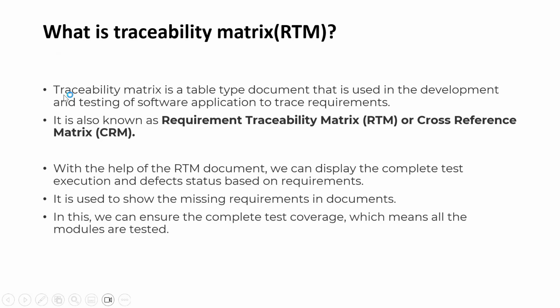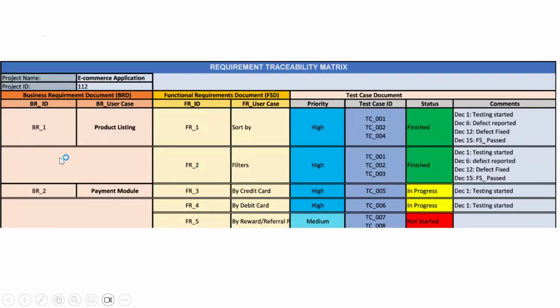As I told you, traceability matrix is a table type document, right? Let me show you. See, this is a table. You can consider this is a requirement traceability matrix, right? It contains multiple things like business requirement, functional requirement, test cases, or you can say test document, and defects also.